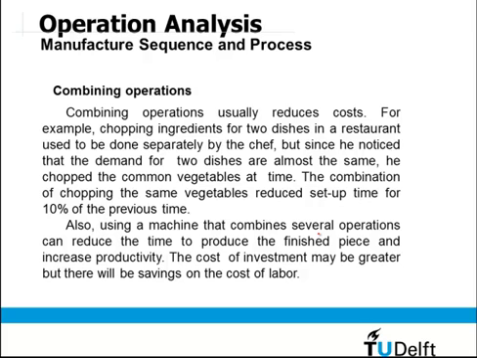Combining operations usually reduces cost. If there are similar operations, we have to combine the similar operations. For example, chopping or cutting ingredients for 2 dishes in a restaurant used to be done separately by the chef.